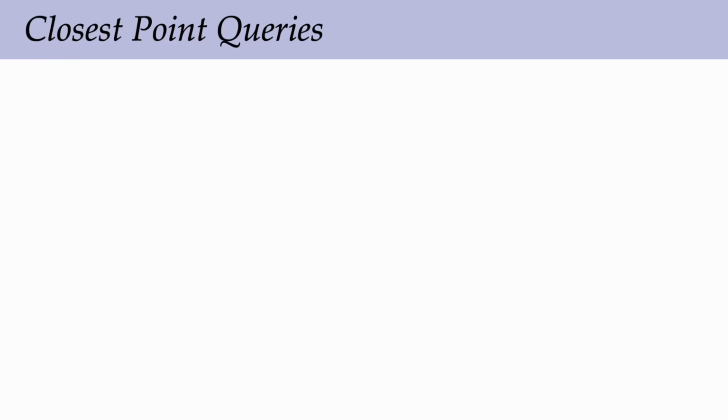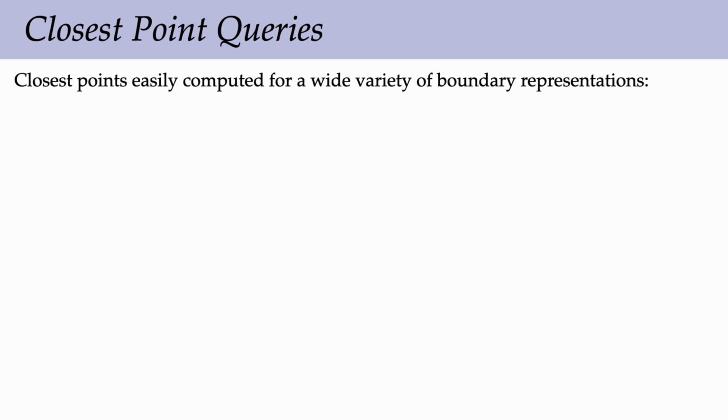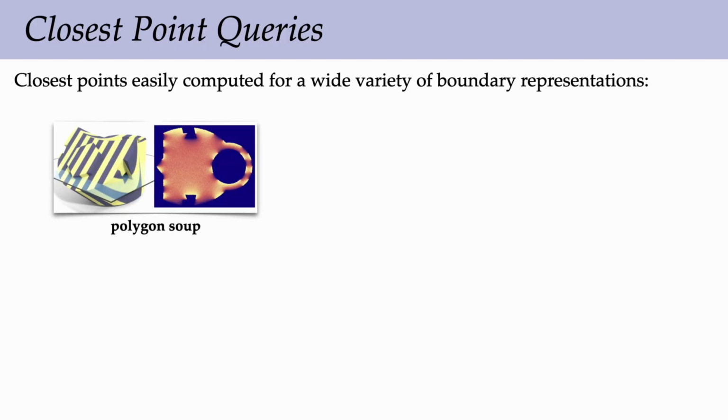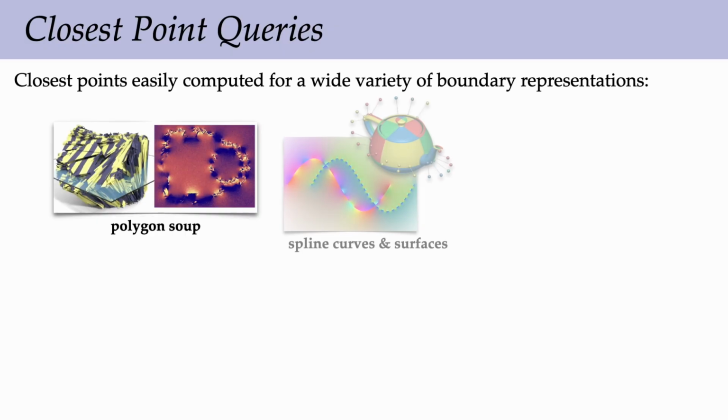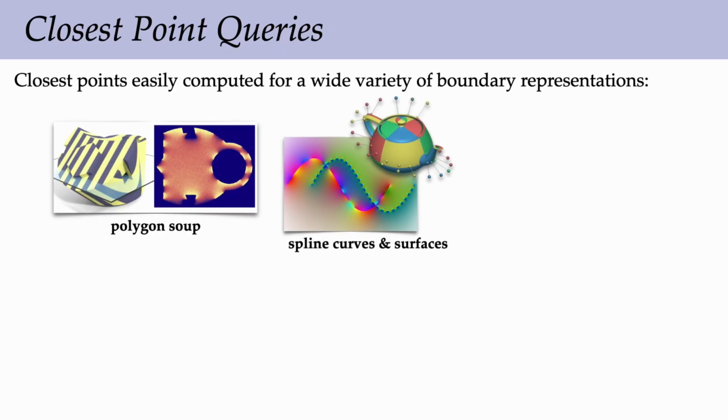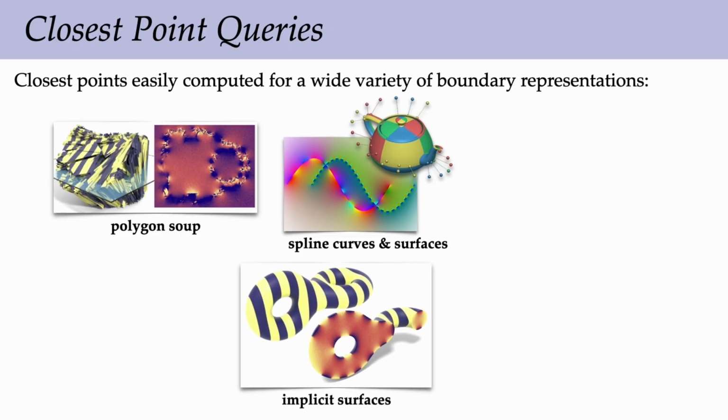And just as in rendering, the good news is closest point queries are easily computed for a wide variety of boundary representations. So we can work with polygon soup, meaning just a jumble of triangles that might have cracks or holes or whatever, right? There doesn't have to be any special condition on the geometry. We can work directly with spline curves and surfaces, so higher order representations. We can work directly with implicit surfaces, which are nice for blending or other kinds of modeling.